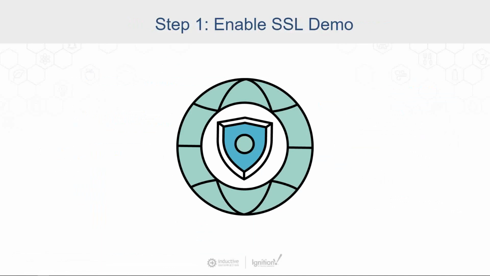So before I switch over to Ignition, I'm just going to talk a little bit about what our goal is here and what the process is to get to our goal. So our end goal is to turn on SSL and TLS in Ignition. We need a certificate trusted by the web browser in order to do that.